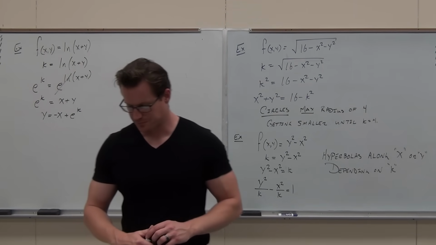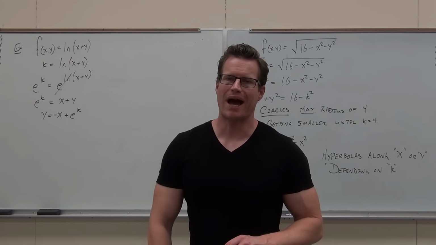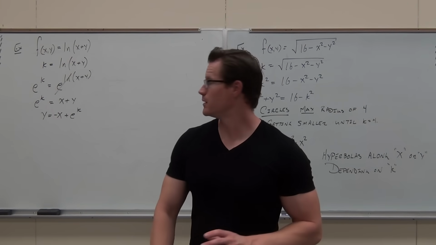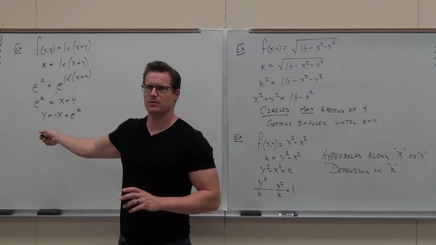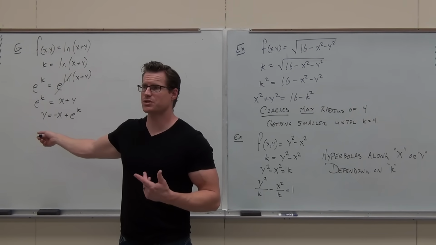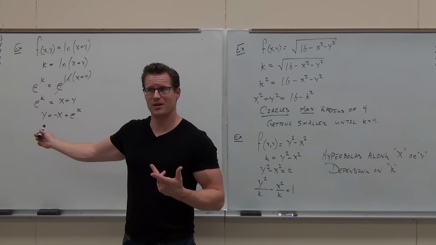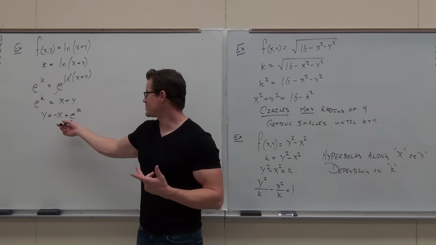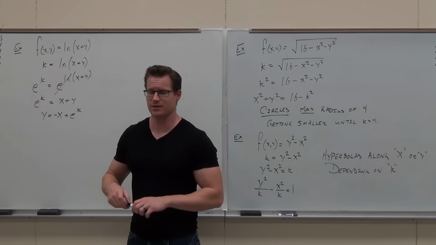Yeah, that's better. Negative x plus e to the k. This is going to be wacky here, but what are these? Those are lines. What's the slope of all that? Those lines have slope -1, with the y-intercept of e to the whatever the value of k is. These are just a series of lines.